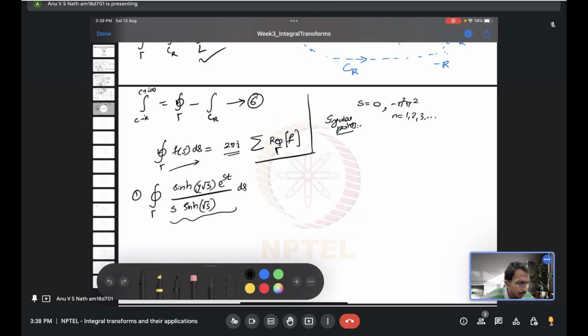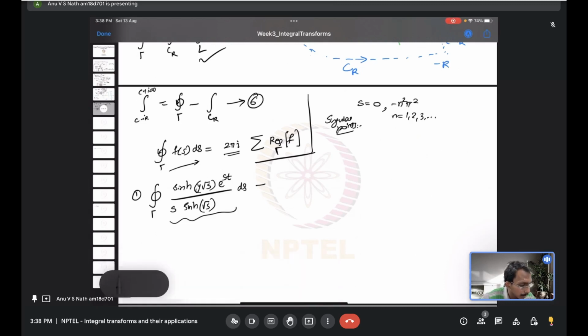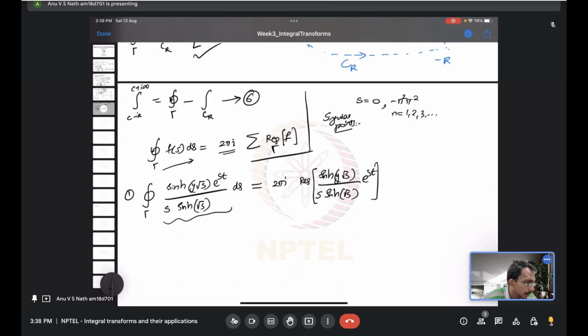Okay, so in that case we can write this as 2 pi i times the sum of the residues. So the residue of the function sinh(y root s) by s into sinh(root s) times e raised to st at s equal to 0, plus again the residue of the same function, but now at s equal to minus pi squared.